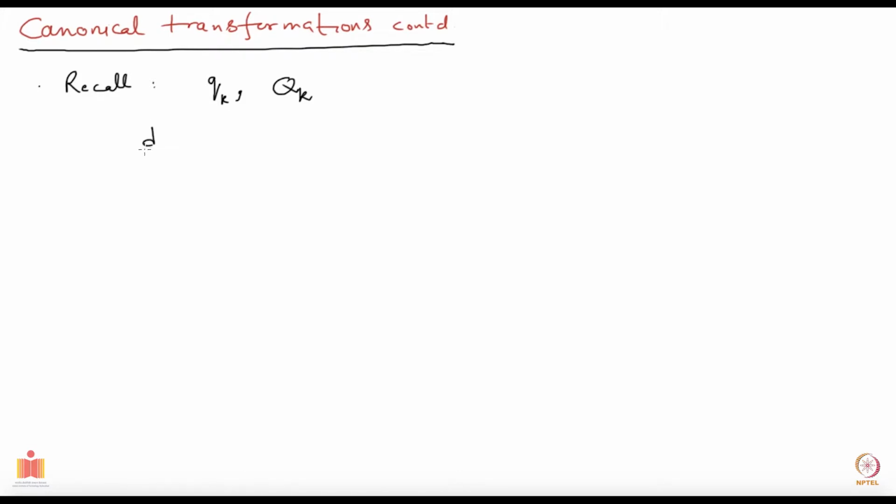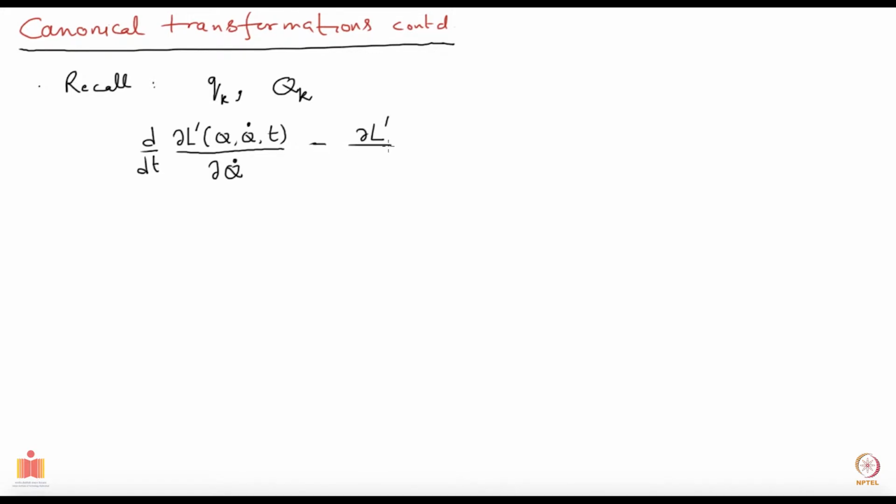I believe I either showed this in the class in these videos or maybe gave it as an exercise, I do not recall, but this statement is true. Even when you are looking at your system using the coordinates capital Q, this equation of motion still holds true.